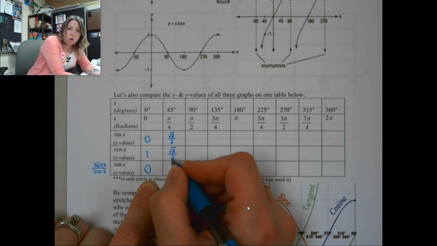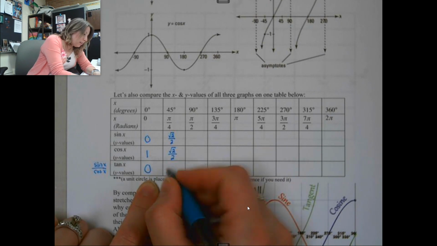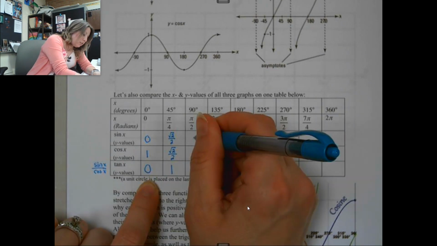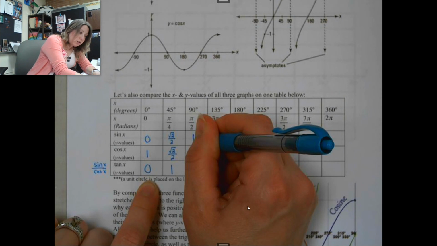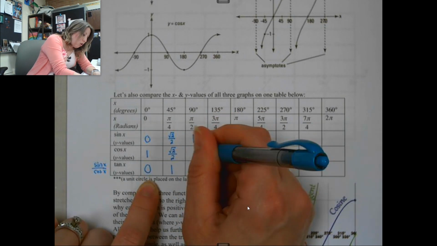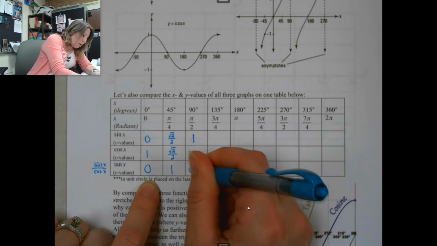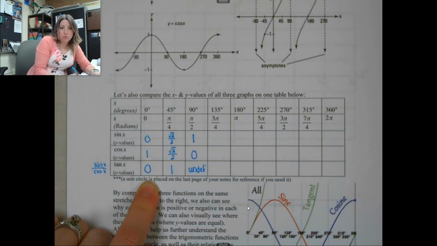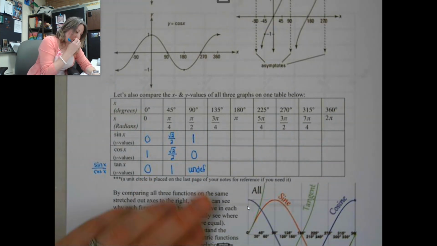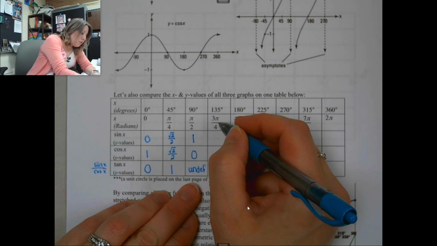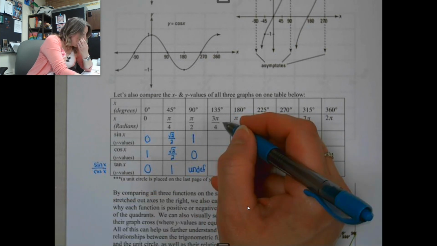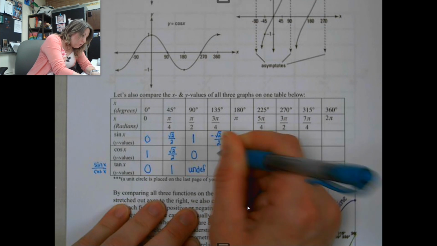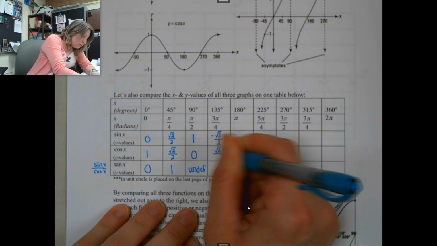And at 45 degrees, both are positive. Any number divided by itself is a 1. So that's where we get this 1 from. But now when we're up at 90 degrees, sine is 1 because we're at the top of the unit circle, and cosine is 0. That's where we're undefined. So that's why we get the asymptote. I'm just kind of putting it all together there. Then at your 135, so sine is going to be negative, and cosine is going to be positive.